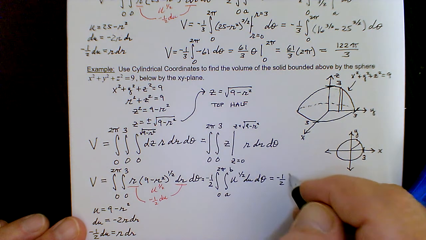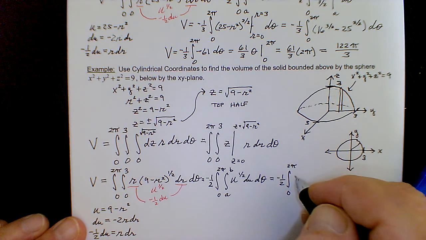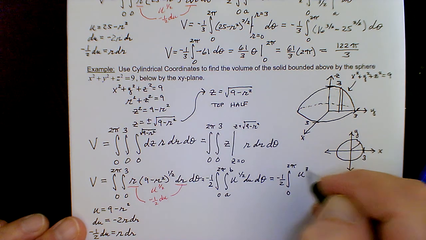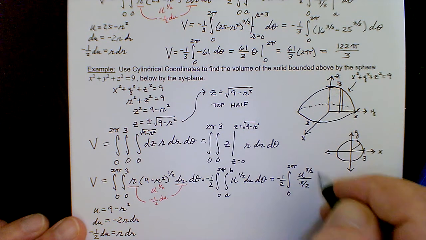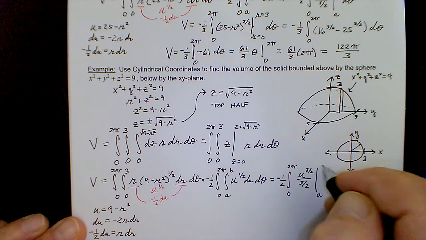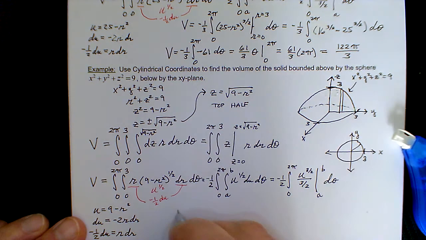So that's negative 1/2 integral 0 to 2 pi. U to the 1/2 integrates to u to the 3/2 over 3/2 again, and this is evaluated, again I'll say a to b. Then that's going to be with respect to theta.